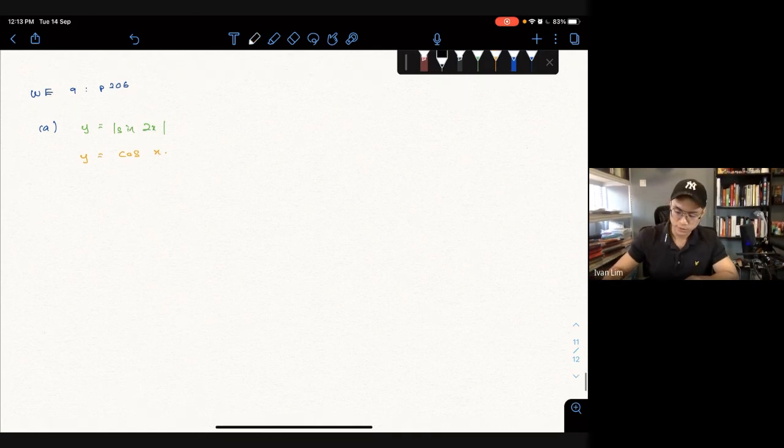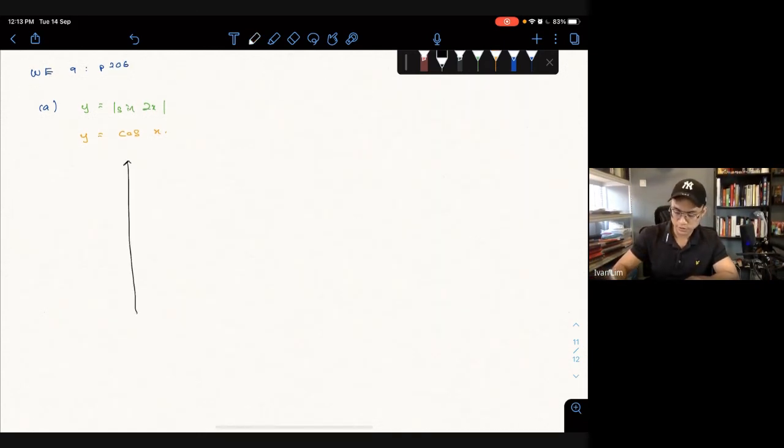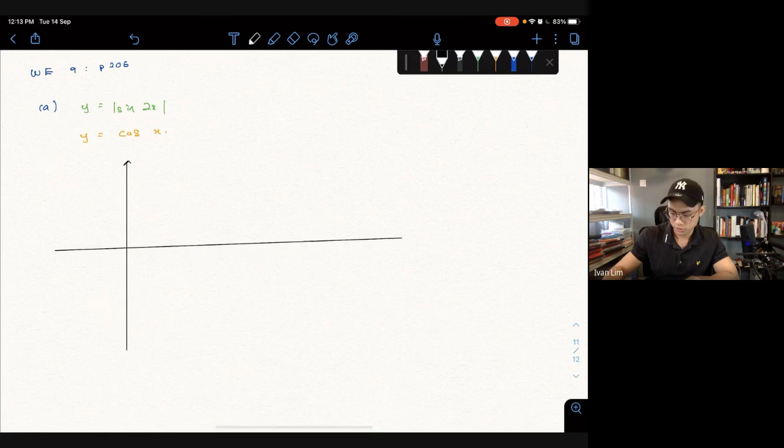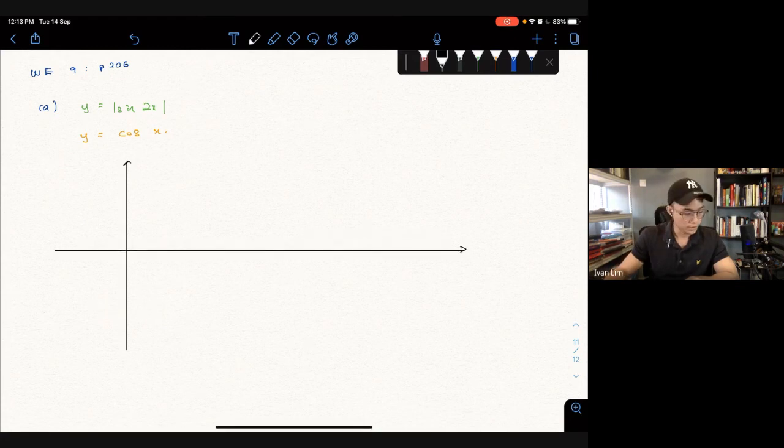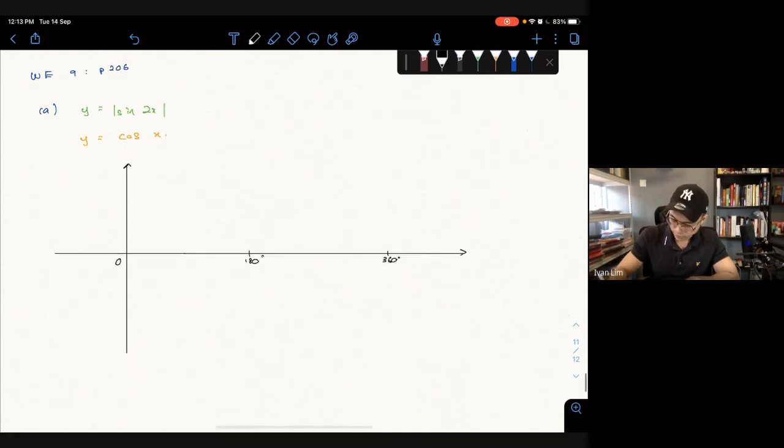Okay, sketch it out first. Once again, this one you might need to draw it as accurate as you can. Okay, 0, 180, 360 degrees, and 90, 270 degrees.